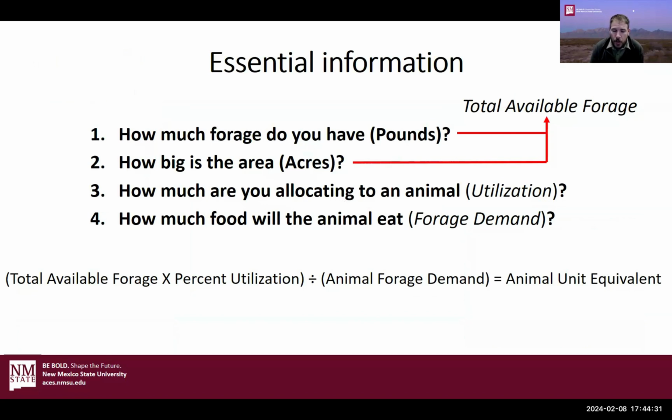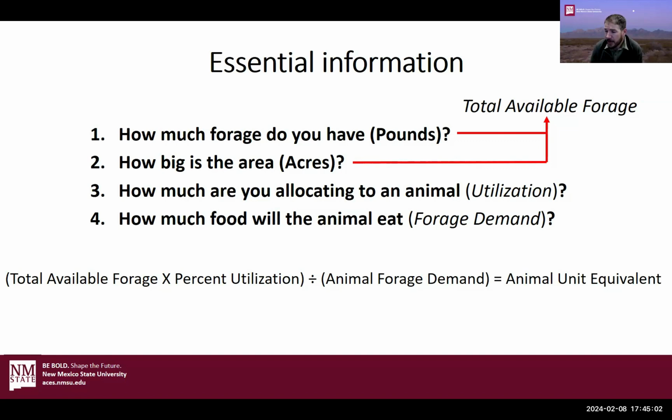When we're talking about estimating carrying capacity or stocking rate, there are four fundamental items of information you need before you can do any calculations. These are the four basics. If you take nothing else away from this, this is the slide you can stick in your back pocket and work with. How much forage do you have?